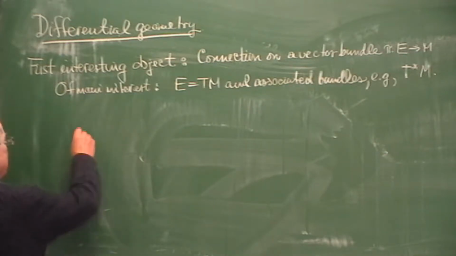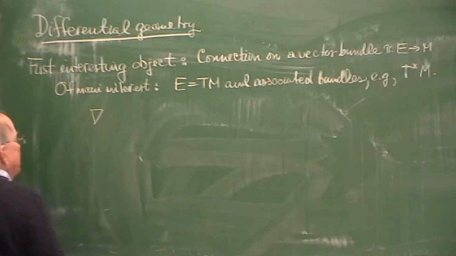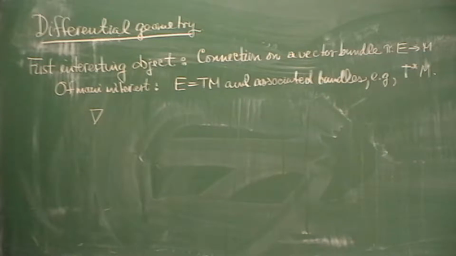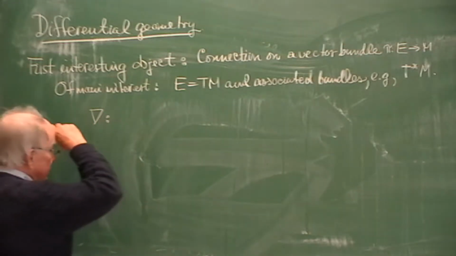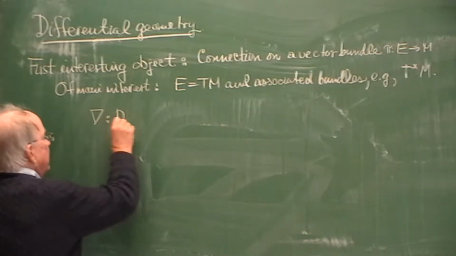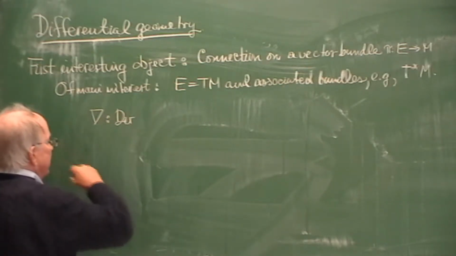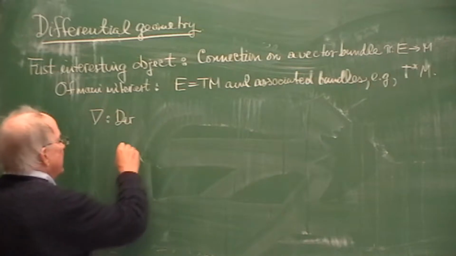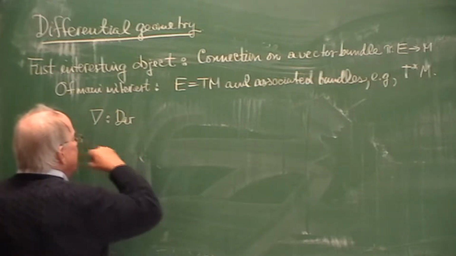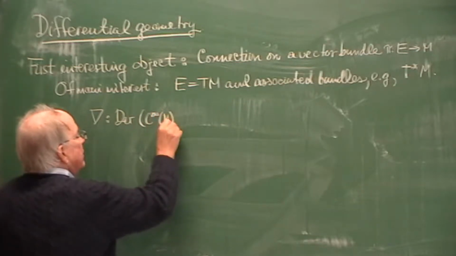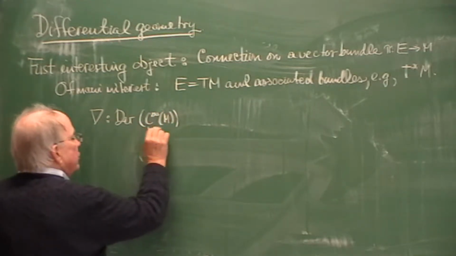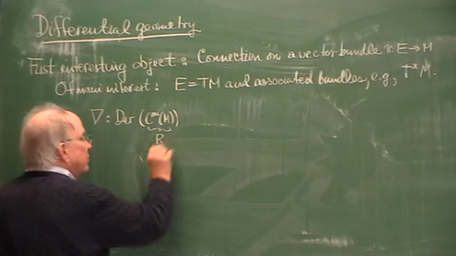So a connection is usually denoted by nabla. It's a mapping, and it takes a derivation on the C infinity functions, which is the ring of interest here.